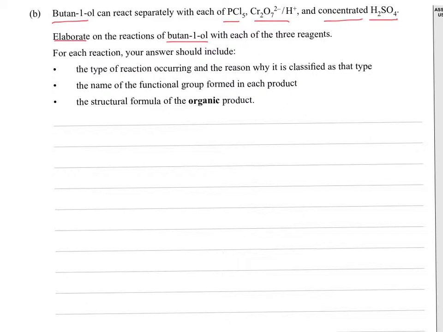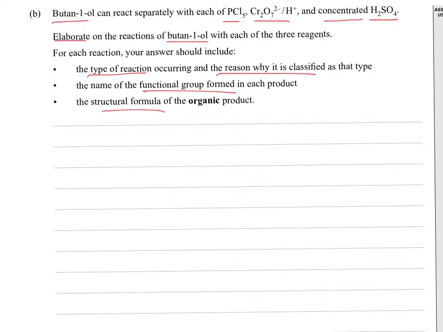The detail they want us to give is bullet pointed here. The type of reaction, and the reason why, so make sure you put the reason. If you don't put the reason, you're not going to show comprehensive understanding. The name of the functional group formed in each product, and the structural formula. For the structural formula, we're going to have to draw a reaction here, I would say.